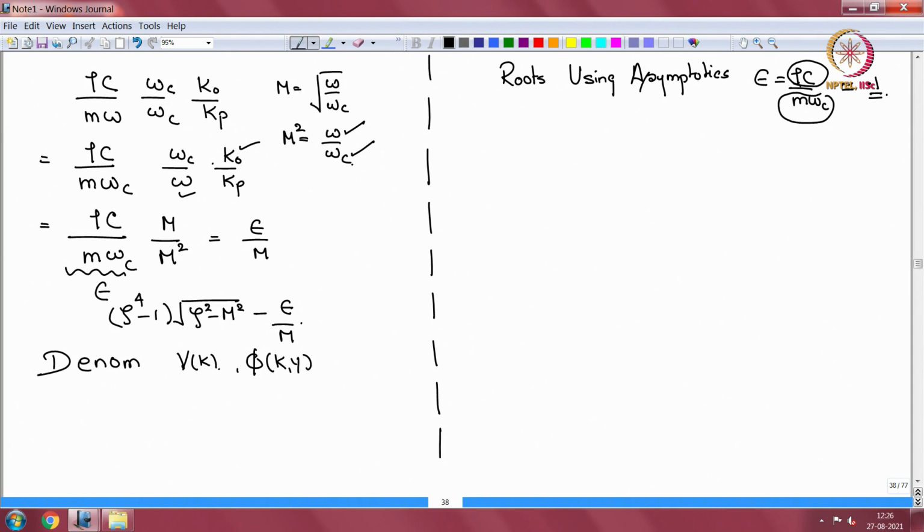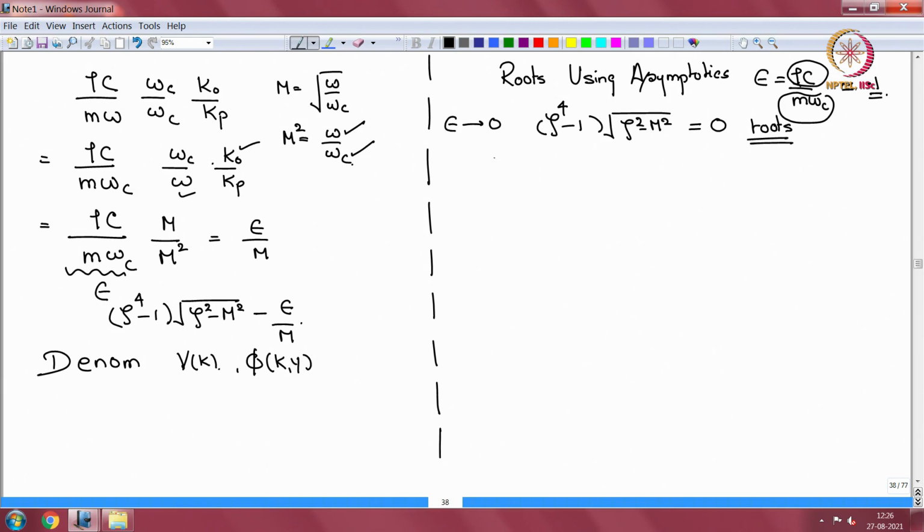Now first of all, as we do in asymptotics, if epsilon is set to 0, then the denominator looks like zeta fourth minus 1 and square root of zeta square minus m square. This is set to 0 to find my roots, right?